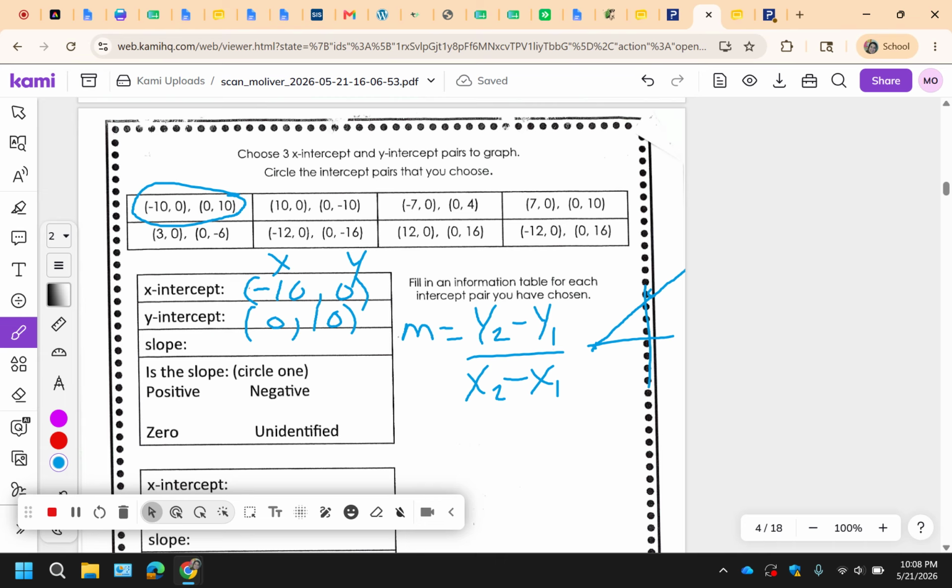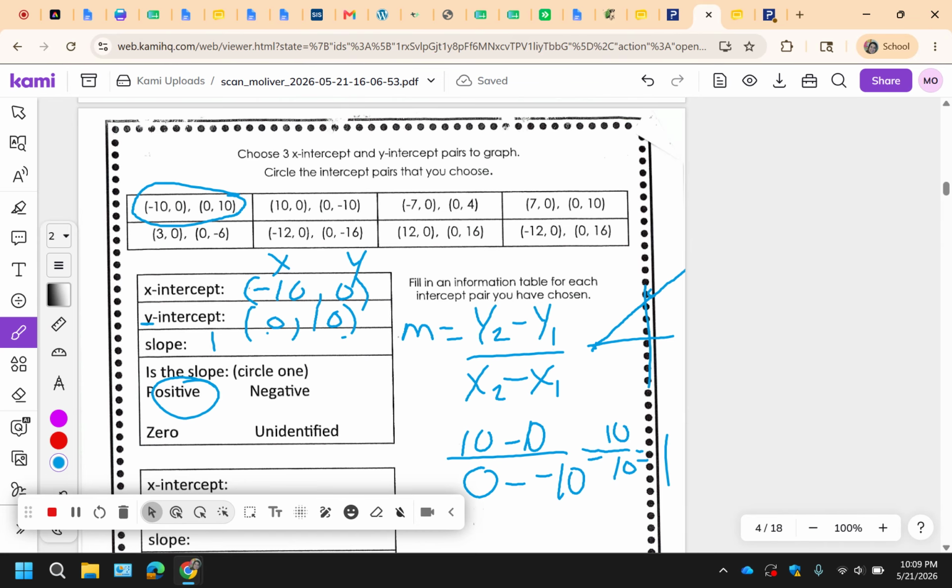So our second set's the y bottom one. So I start with 10 minus 0, and then I put my x's on the bottom. If I started with this 10, I gotta start with that 0. So 0 minus negative 10. So then you get 10 over 10, which is 1. So our slope is 1, which is positive.